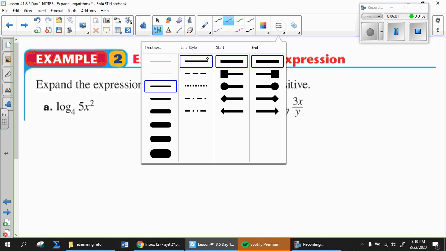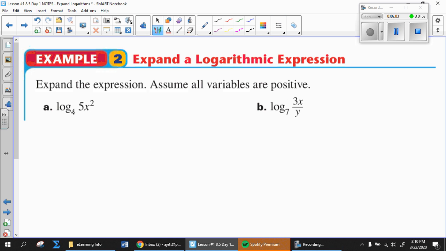So if we look at this with variables, what I want to look at here is what is the big operation here. Okay, the big operation here is multiplication. So the first thing I'm going to do is split this up by multiplication. So log base 4 of 5, the way we split up multiplication is we add. So log base 4 of x squared. Remember, the squared is only going to the x, not the 5.